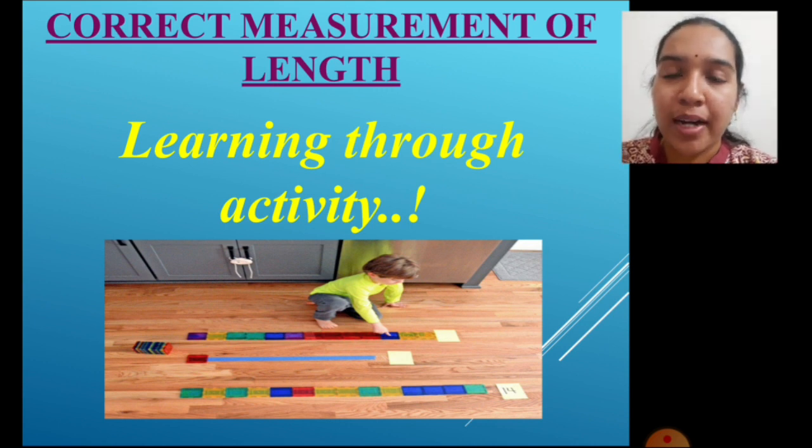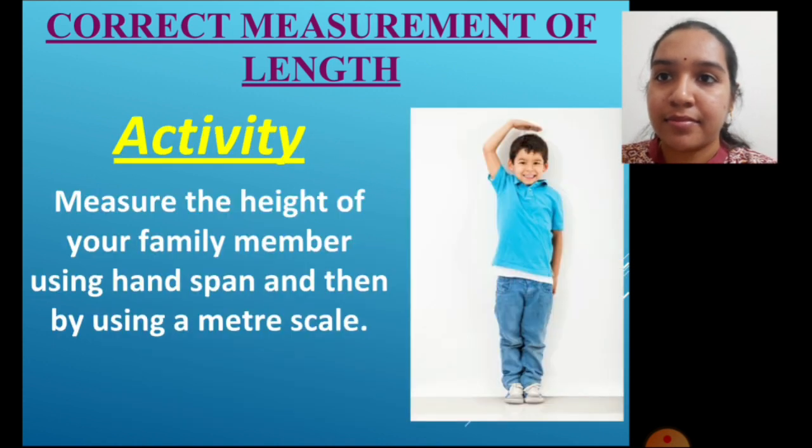Applying these proper guidelines, let's learn the concept by doing some activity. In this activity, you will be measuring the height of one of your family members, first by using handspan as the unit of measurement, and then by using a meter scale.